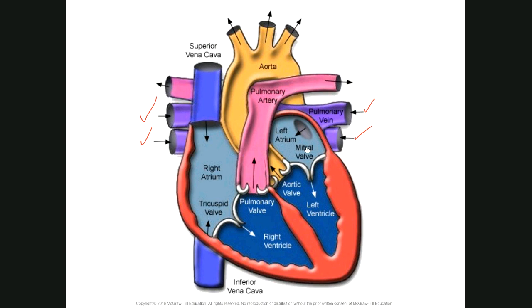So we have four pulmonary veins, and these are very important veins which carry oxygenated blood to our left atrium, and then from the left atrium it comes down to the left ventricle, and from the left ventricle it can pump to the aorta and distribute to all parts of our body.